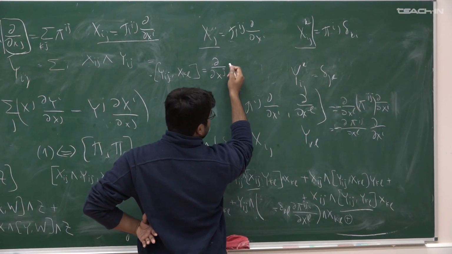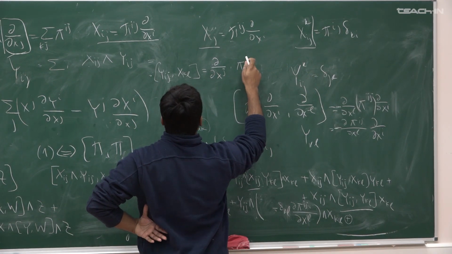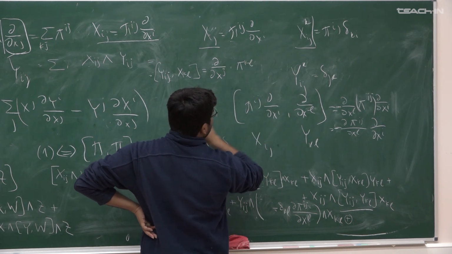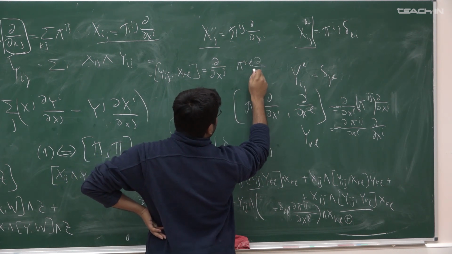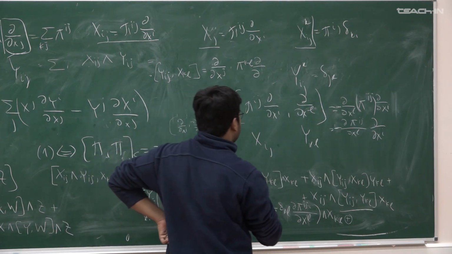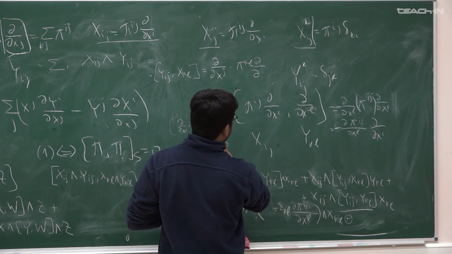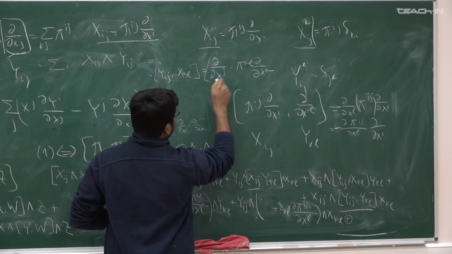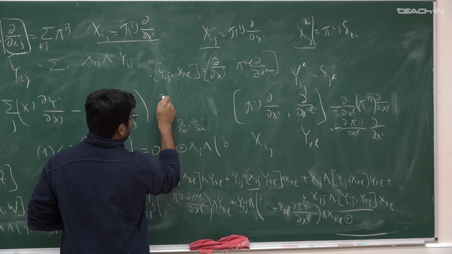So this times this, pi kl, divided by xt. So what is this? This is just the derivative of this thing.